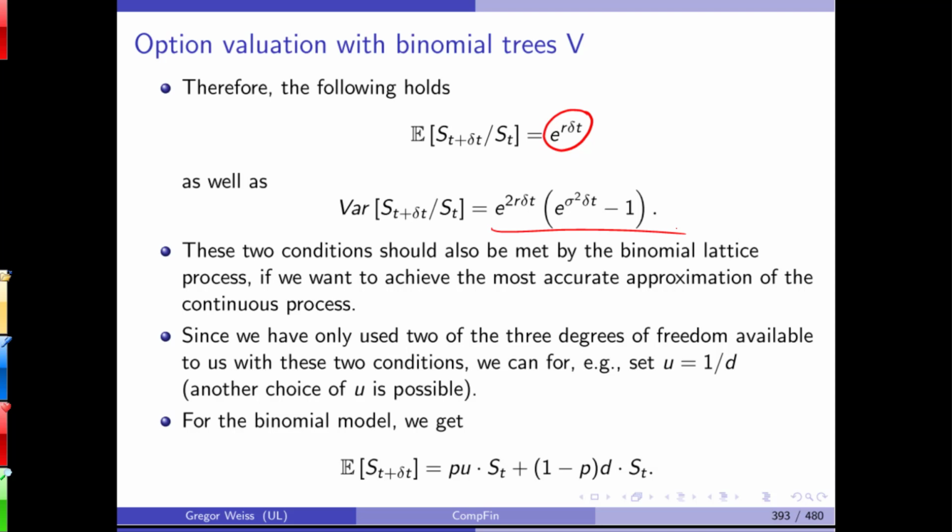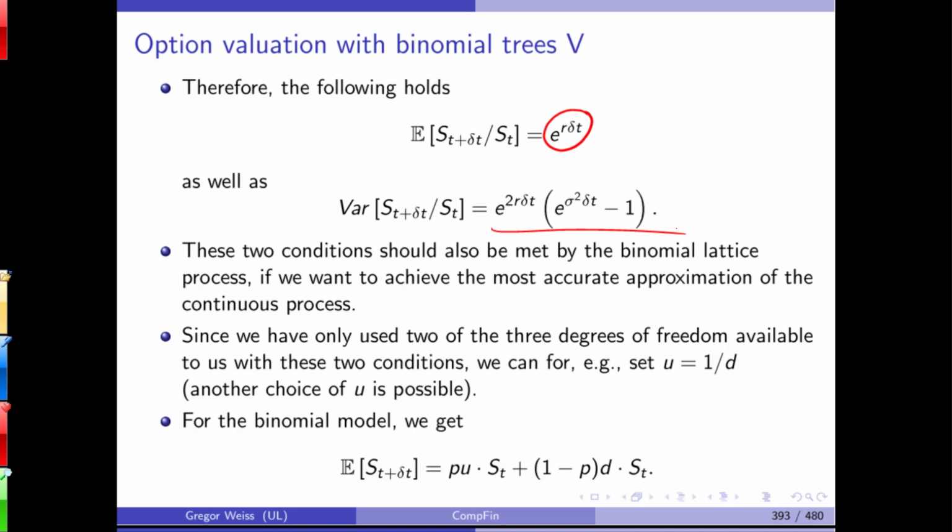And in order for our approximation to be as good as possible, at least the expected value and the standard deviation or variance of both the approximation and the original process should be equal. Since we only have 2 degrees of freedom used so far, we can again set u, for example, equal to 1 over d, but we could have also made a different assumption for u and d.